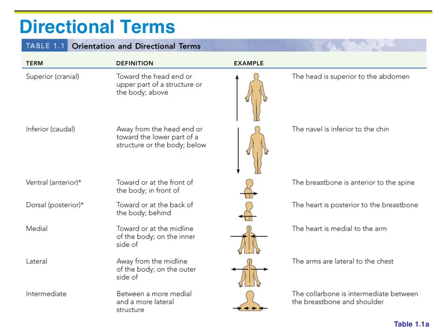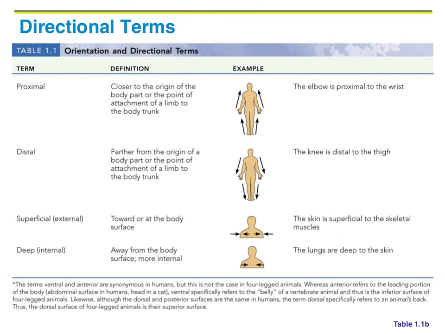For example, the head is superior to the abdomen, or the navel is inferior to the chin. Please learn Table 1.1 for your first test. You'll need to be able to define the terms as well as know some examples of each term.